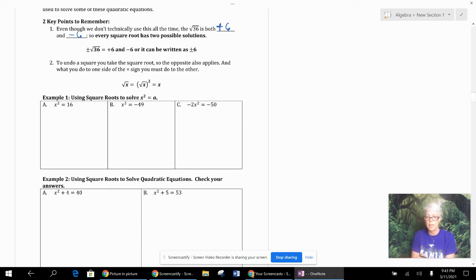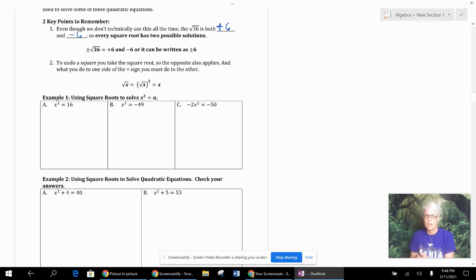Now, I do know that last year you did the Pythagorean theorem. The Pythagorean theorem was a squared plus b squared equals c squared. And almost always the very last step in those equations would be something like b squared equals 100 or c squared equals 25. And then you had to find the square root of both sides because you were trying to get the a by itself, the b by itself, or the c by itself.